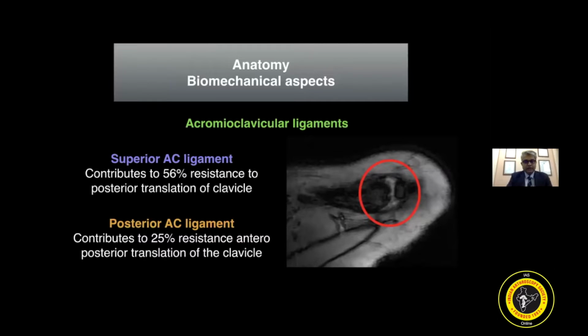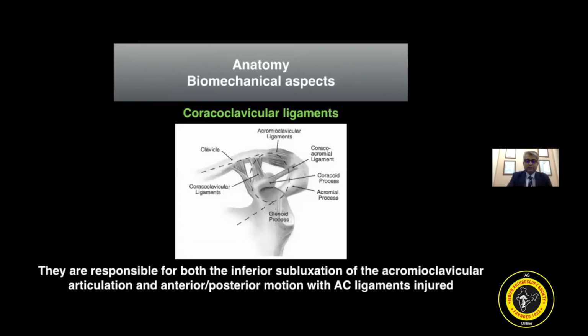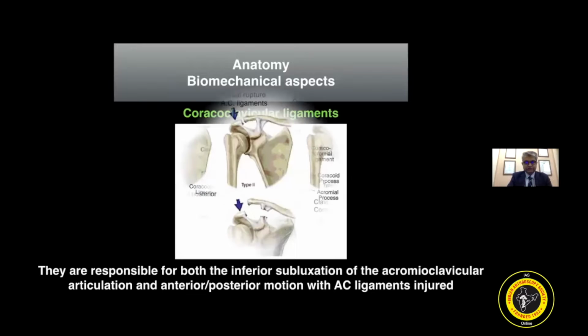The superior AC ligament contributes 56% of the resistance to the posterior translation of the clavicle, whereas the posterior AC ligament is the weaker ligament and contributes 25% resistance to the anteroposterior translation of the clavicle. More important are the coracoclavicular ligaments, which are responsible for both the inferior subluxation of the AC joint as well as the anteroposterior motion when these ligaments are injured.